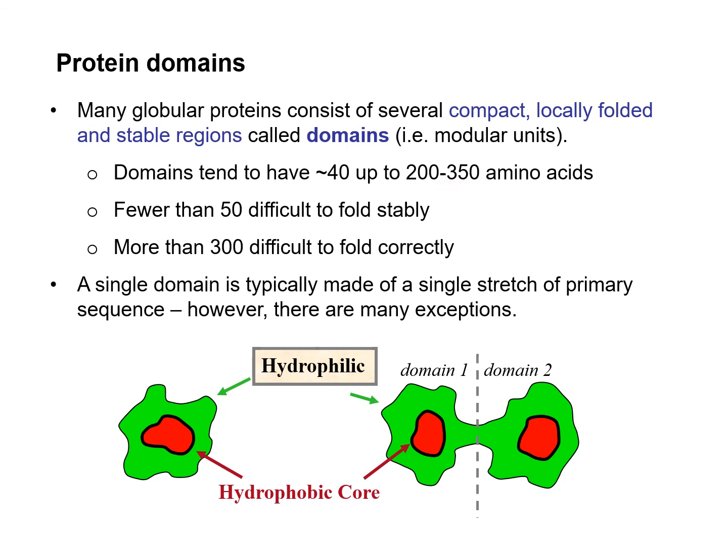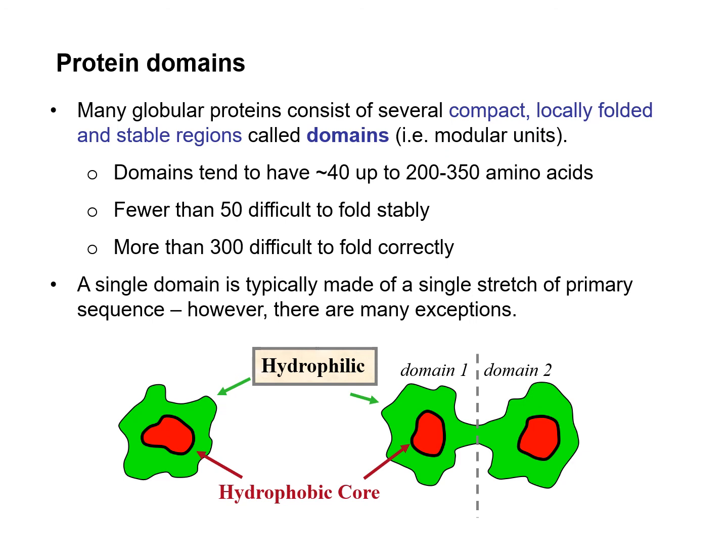Fewer than 50 amino acids makes it difficult to fold and stay stable, but more than 300 amino acids makes the polypeptide difficult to fold correctly too. So this 40 to 300-ish amino acid size is a sweet spot to keep it as a modular unit, have specific functions pretty easily, and stay stable.